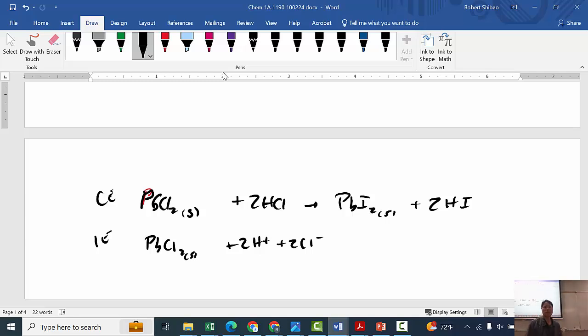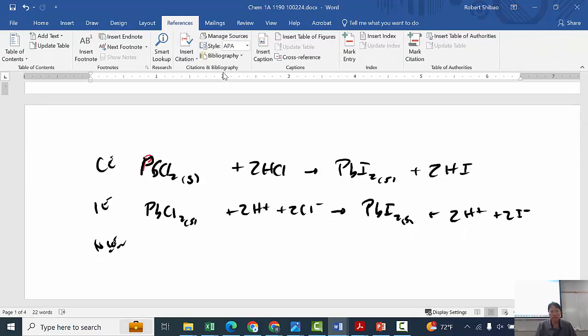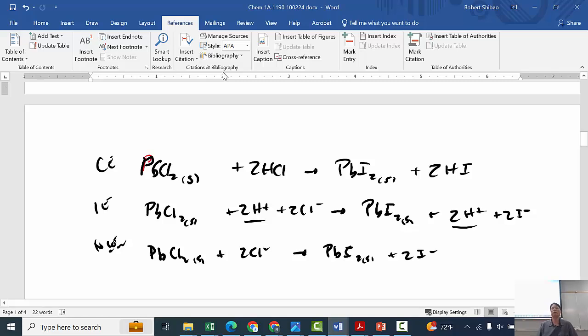You have to have the charges and the correct balancing, and make this work out properly. Then what's the spectator? H+. Those should have canceled. Don't forget to cancel, even though it's not a huge error.